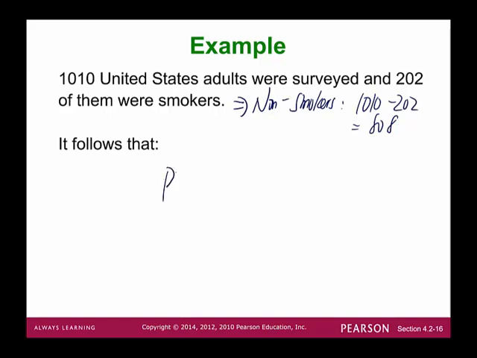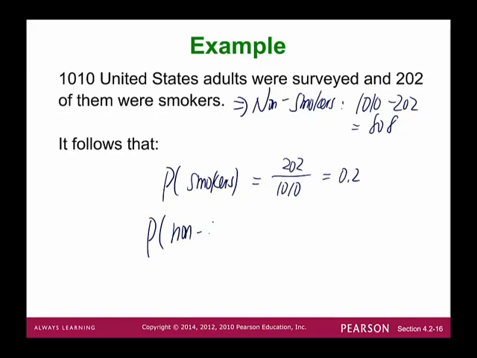So the probability of smokers is 202 over 1010, which turned out to be 0.2. The probability of non-smokers will be 808 over 1010, which turned out to be 0.8.